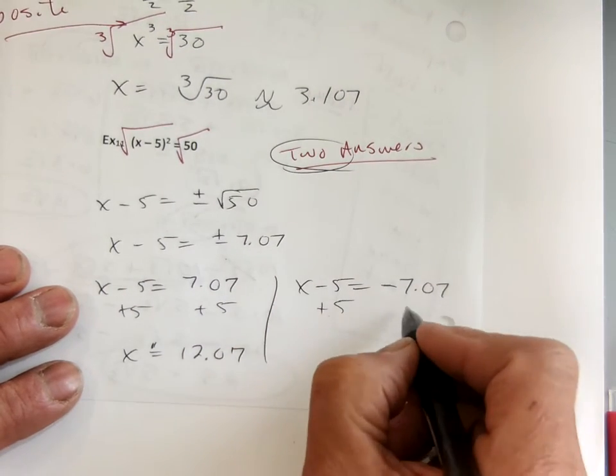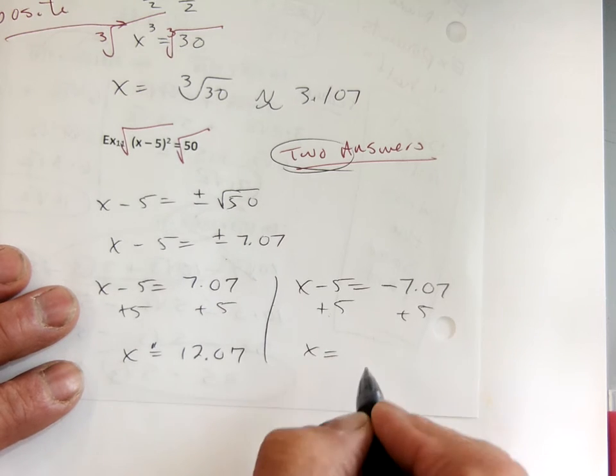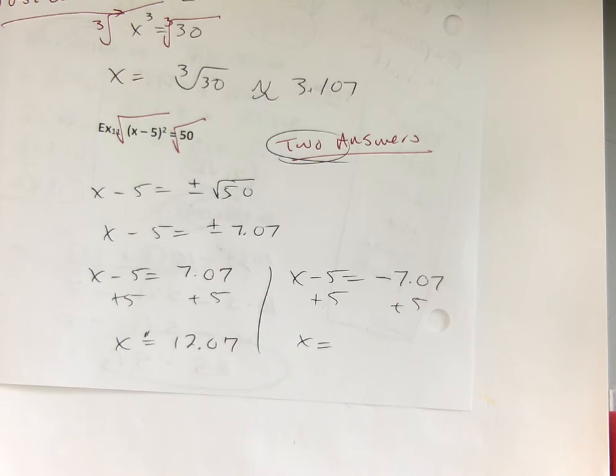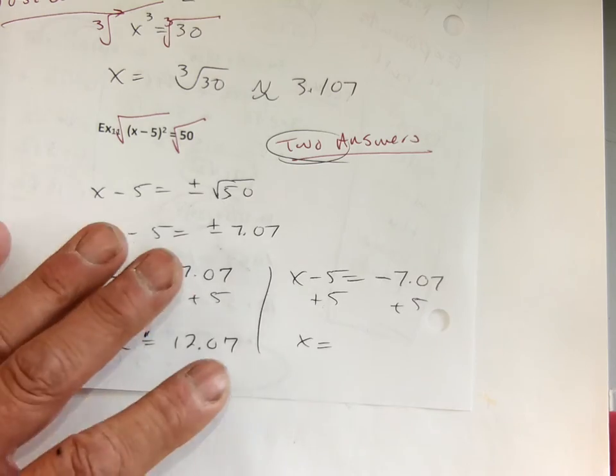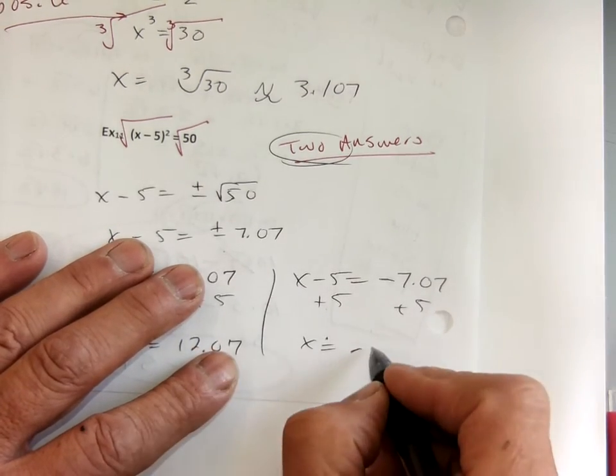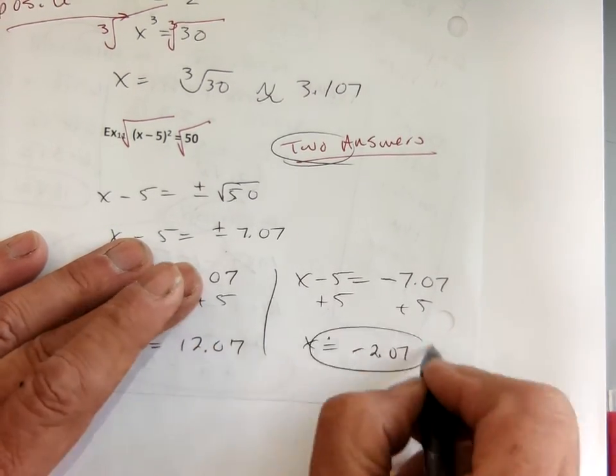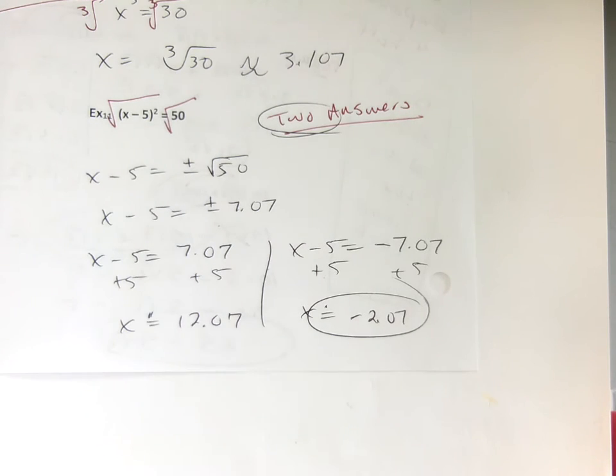Plus 5, plus 5. The other answer, is it going to be negative 2.07? Hold on real quickly. Yes, it is negative 2.07, approximately.